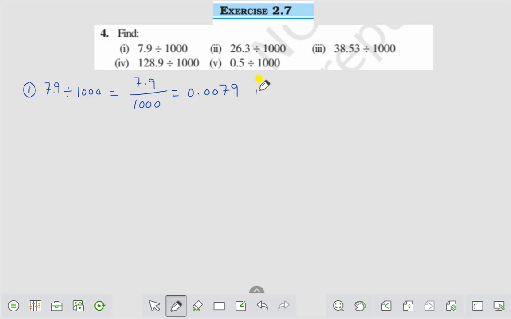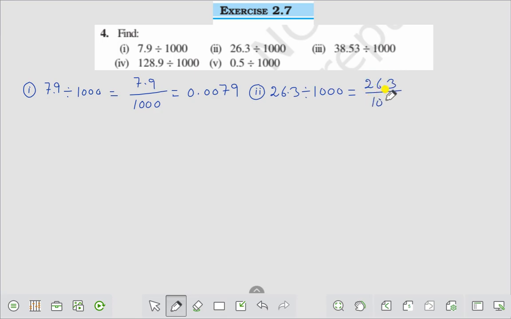Now question number 2. Question number 2 is 26.3 divided by 1000. That means you have to write it in this way. That is 26.3 divided by 1000.